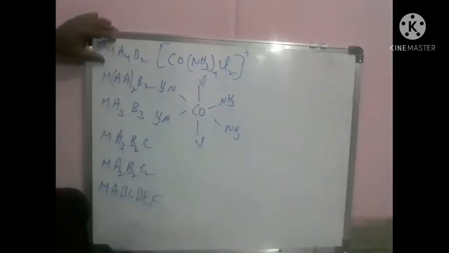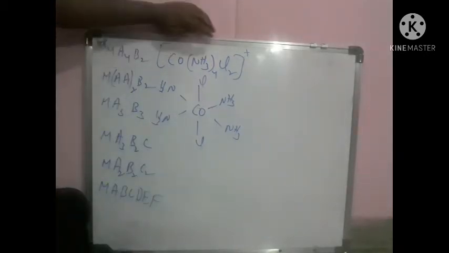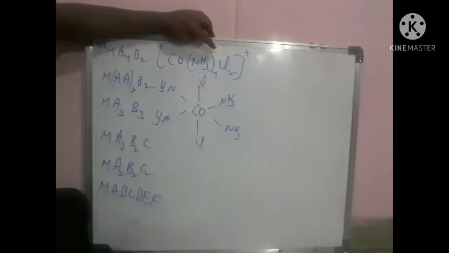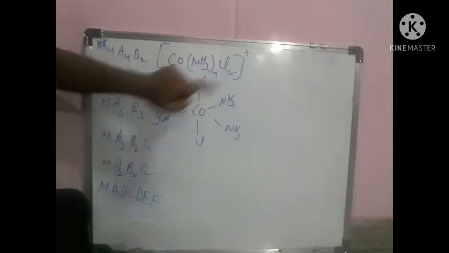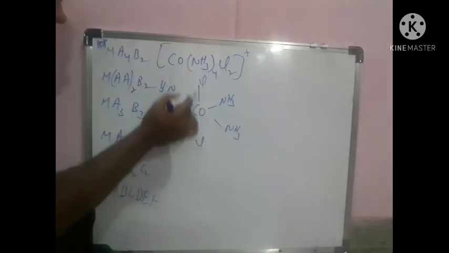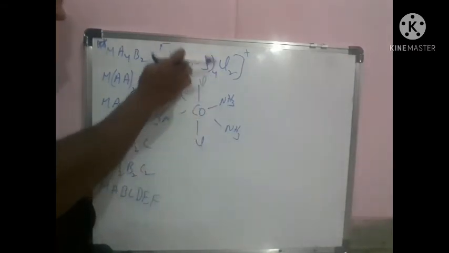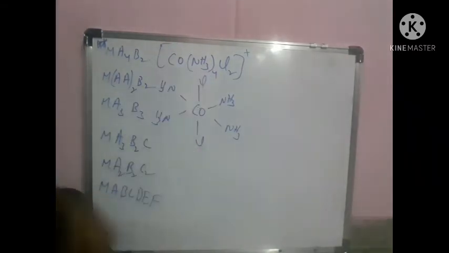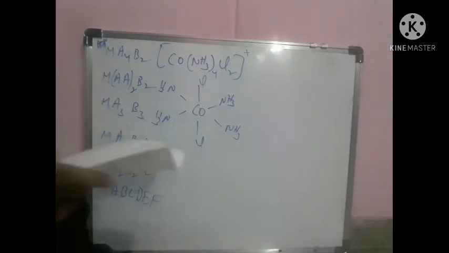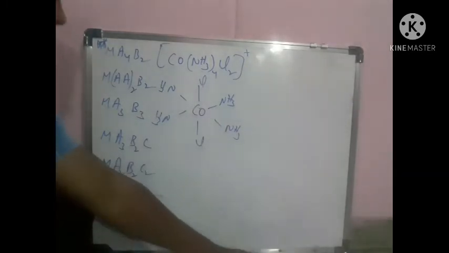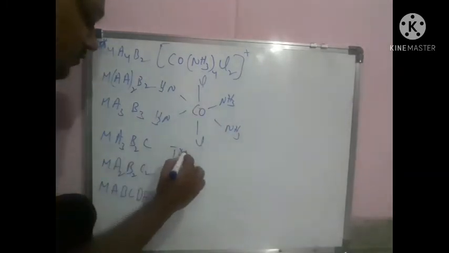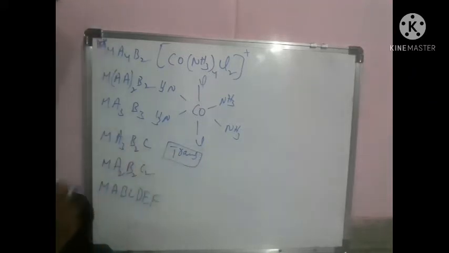Now in this Ma4B2 type of compound, cis and trans can be identified using the Cl2, that is B2. Now the two Cl are in different phases, one in the upper phase and one in the below phase, as we already discussed, so it is called a trans isomer.